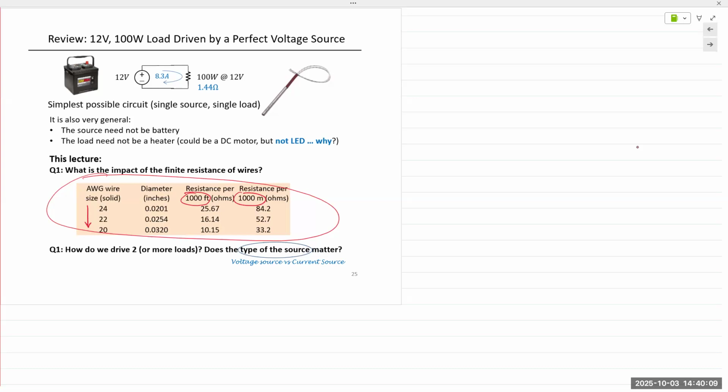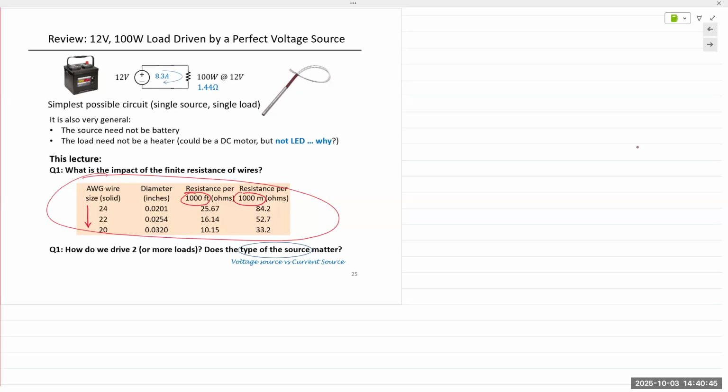Sorry, there are 1.6 kilometers in 1 mile, so this is about 0.6, 0.7 miles. So 1,000 meters is 1 kilometer, about 0.7 miles. So it'll have a resistance of 84 ohms.